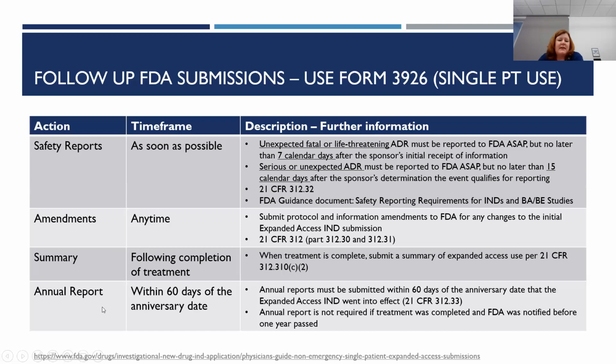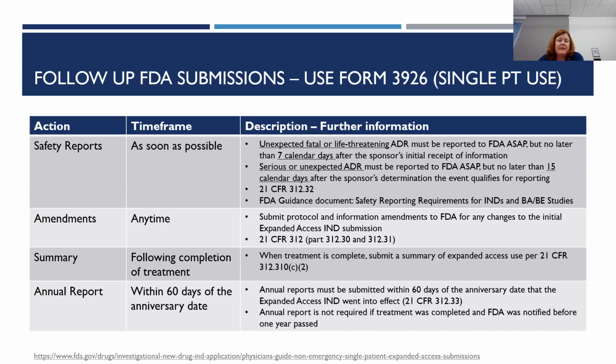Finally, the last two things. When the treatment is complete, the FDA wants a summary of what happened. Did they tolerate the treatment? Were there any adverse events? Why did they stop treatment? What's happening with the patient? On the flip side, if the treatment extends past a year, they want an annual report.